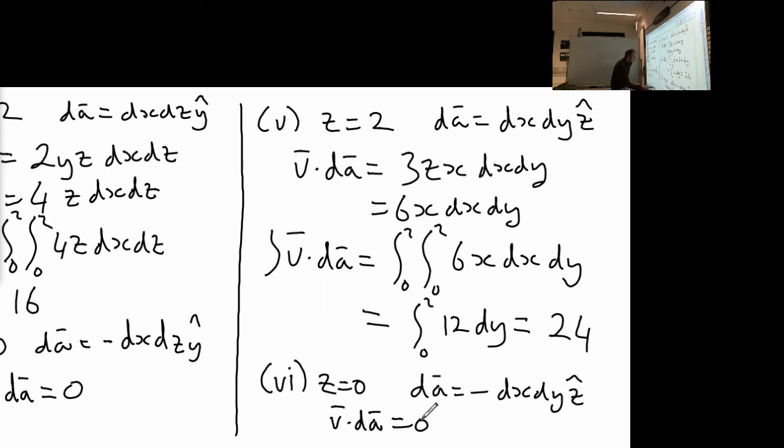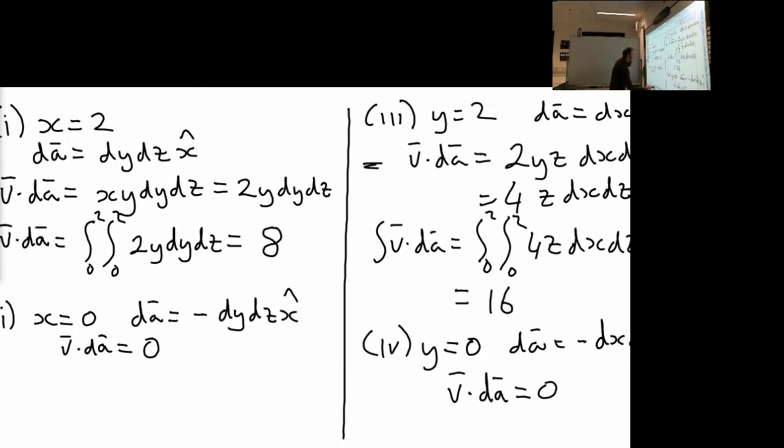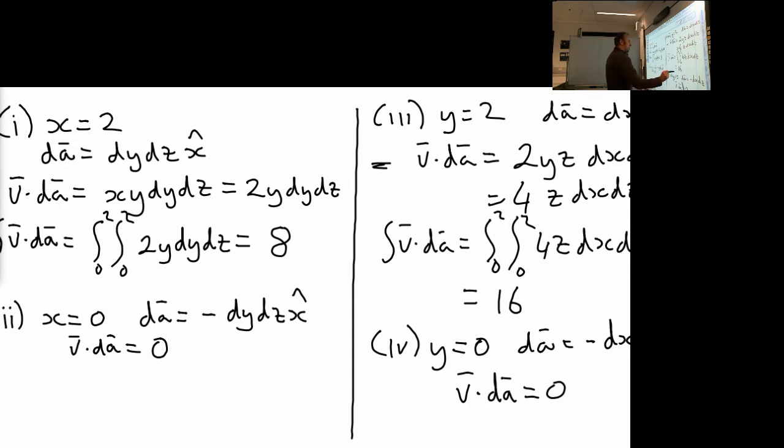Okay, so essentially now we've completed everything, and what we must do now is sum this up. We get 0 plus 24, 24, plus 16 gives us 40. With that 0, we're still at 40.